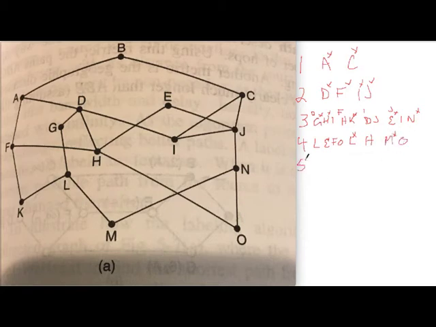In round five, L sends to G, M. M to L, and O to H. Right, and then everything has been sent out.